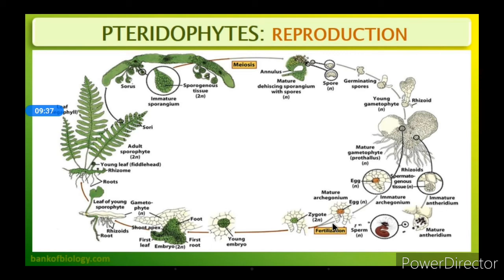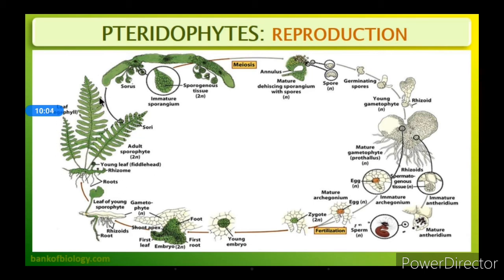After fertilization, the zygote is formed, and the zygote will develop into an embryo. And here you can see it's growing, developing, and this is the base part, the gametophyte, on which our sporophyte starts developing. Here you can see. So the sporophyte starts developing and it matures. This is the life cycle of pteridophytes.